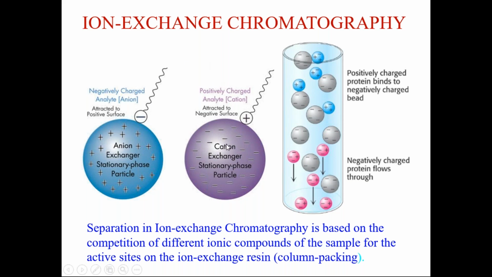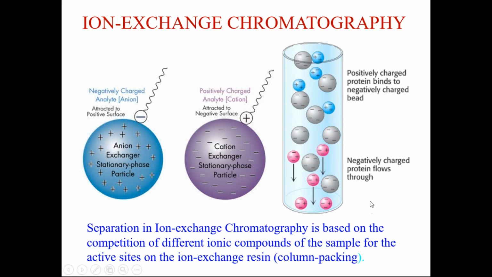And in a cation exchanger, the analyte with a positive charge will be attracted to the negative surface, and the negatively charged particle will be repelled. So here the separation is based on charge.